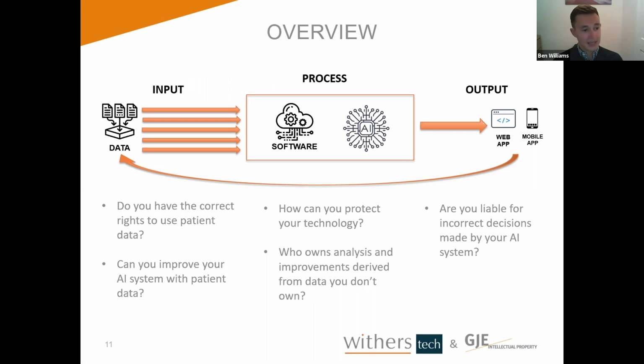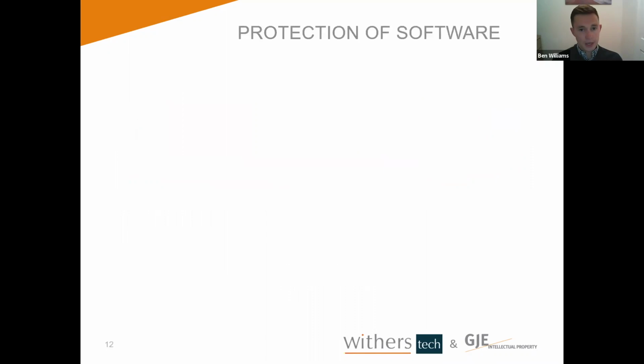Who owns the analysis and improvements which are derived from data that you don't own? Really key question. And then we'll move on to the liability systems for artificial intelligence and explore some of the issues there. But I just want to start then with the protection of software.